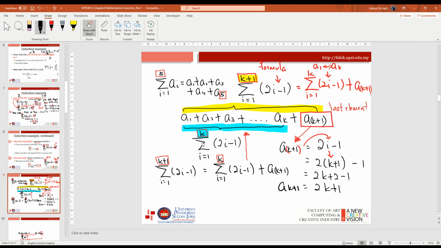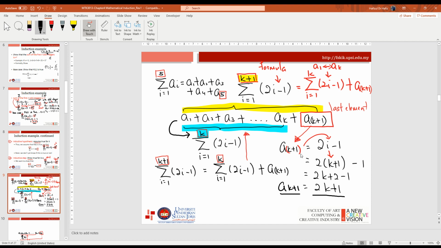So we replace this k for this one. This one is totaled up. Then a(k+1) is equivalent to 2i plus 1, and a(k+1) is equivalent to 2(k+1) minus 1.